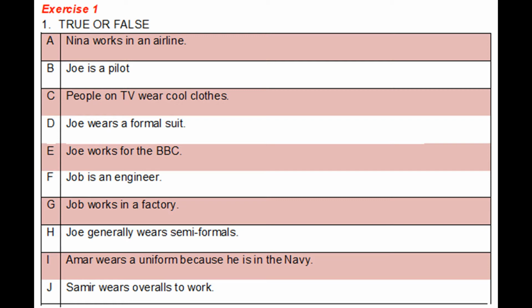I always wear a tie too. And what does your brother Job do? He's an engineer. Oh, really? Does he work in a factory? No, he doesn't. He's an electronics engineer. He works in an office. Who's the man in the uniform? That's my cousin Amma. He's in the Navy. And who's the person in overalls? That's my brother Samir. He's an automobile engineer. He works for Toyota. He has to wear overalls to work.